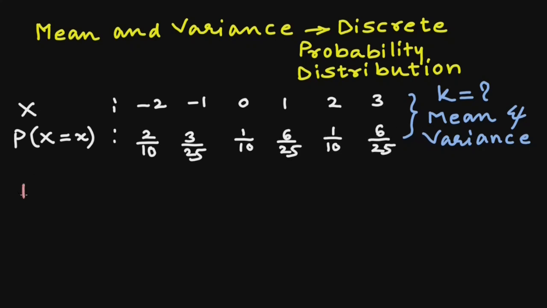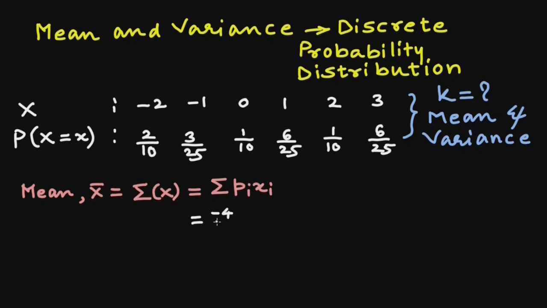We have mean x bar is expectation of x, which we know is summation pi xi. That will be minus 2 into 2 upon 10, minus 4 upon 10, minus 3 upon 25, plus 0, plus 6 upon 25, plus 2 upon 10, plus 18 upon 25.